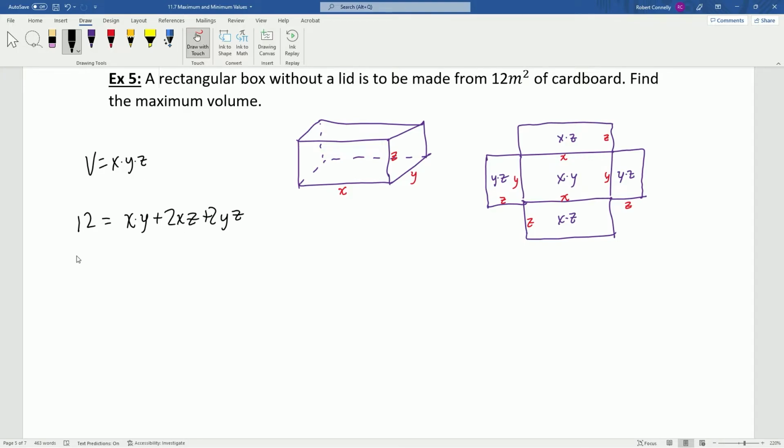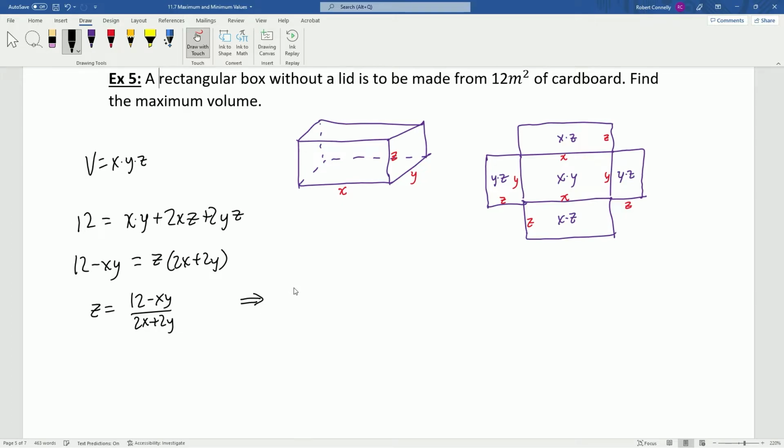So what we're going to do here is just subtract the xy, and then factor out z, and then divide that term, so we get z equals 12 minus xy divided by 2x plus 2y.